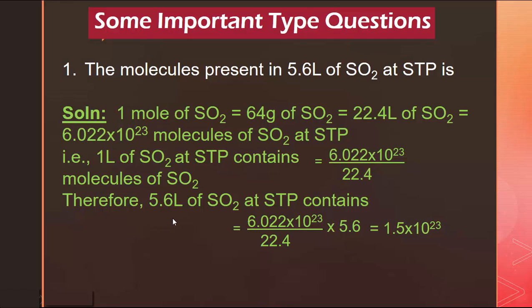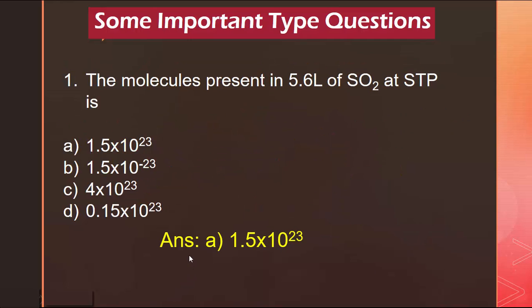So therefore, 5.6 liter of sulfur dioxide at STP will contain this Avogadro number 6.022 into 10 to the power 23 divided by 22.4 liter into 5.6 liter. On solving, we get the answer as 1.5 into 10 to the power 23 molecules. So, the number of molecules of sulfur dioxide at STP present in 5.6 liters is 1.5 into 10 to the power 23. That is option A, which is the correct answer.